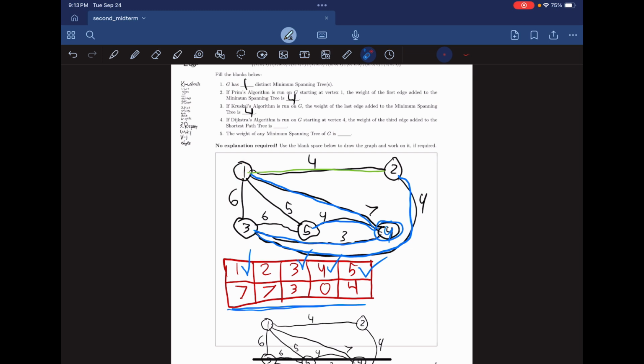So the distance to 1 is 7. We add that to the weight of the edge. So is 11 greater than or less than the distance to 2 of 7? The current distance to 2 of 7 takes this path from 4 to 3 to 2. 7 is less than 11, so we don't need this path. We don't need that edge right there.